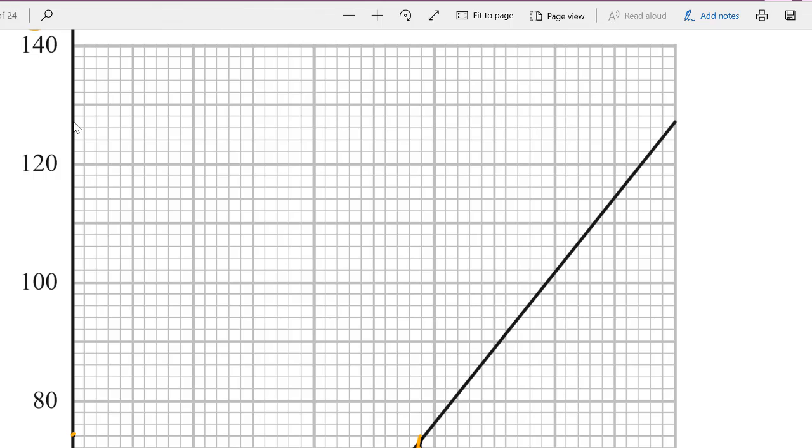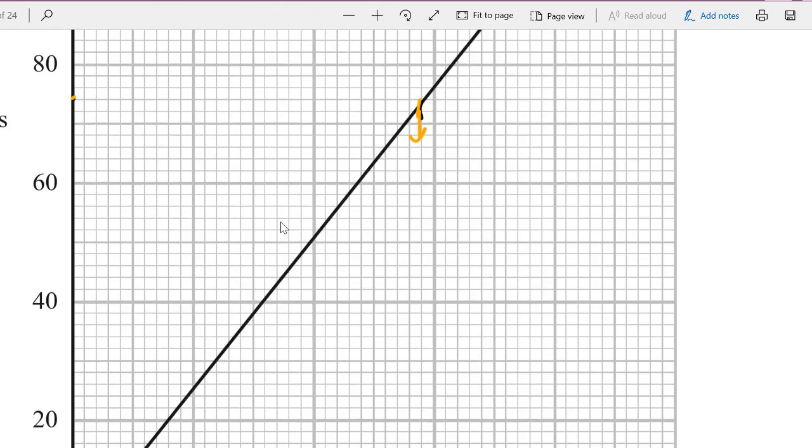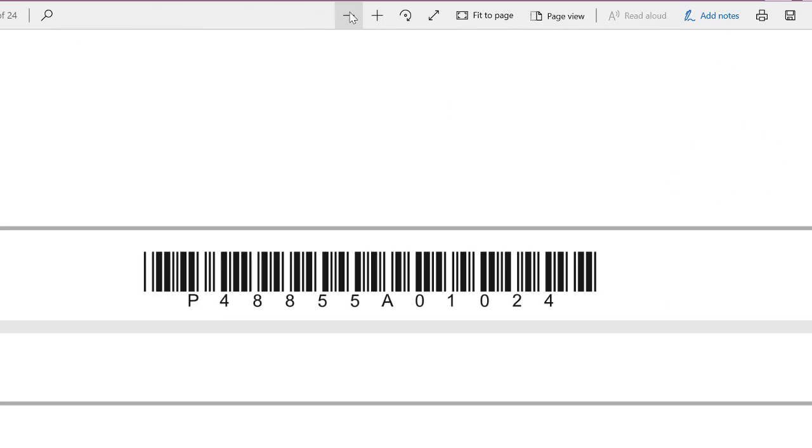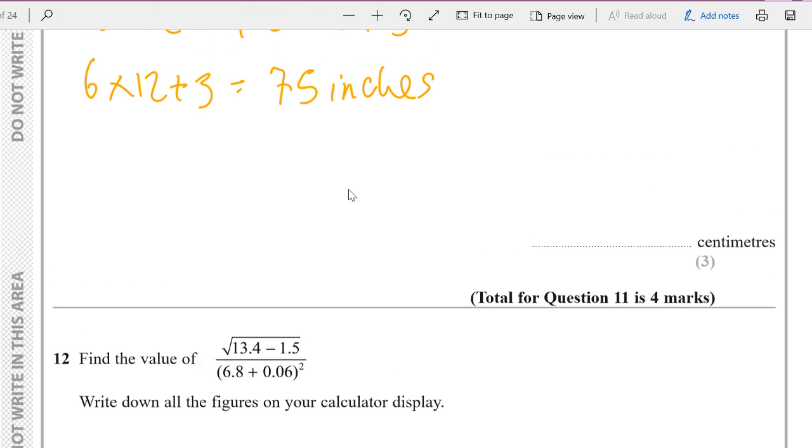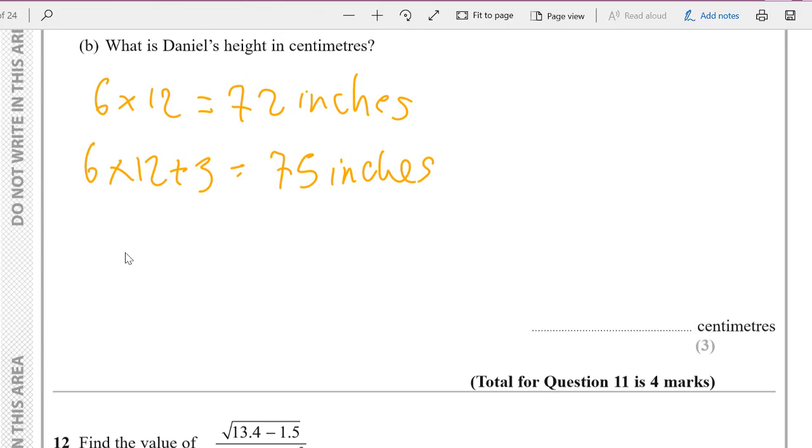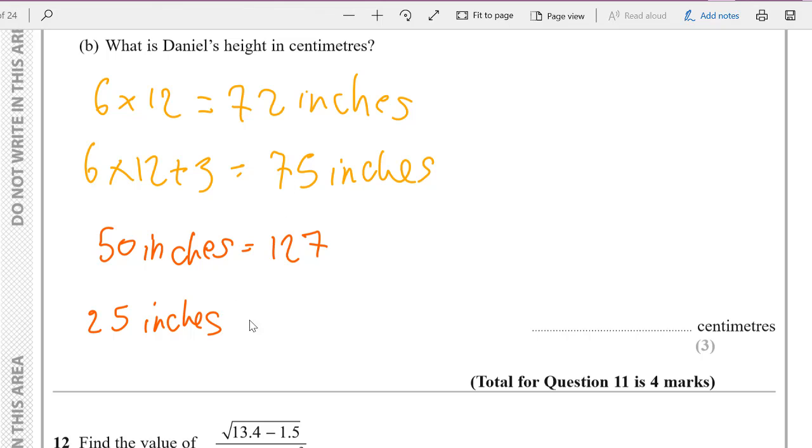So this is 127, there's 126, 128 and 130, so it's 127. So 50 inches equals 127.